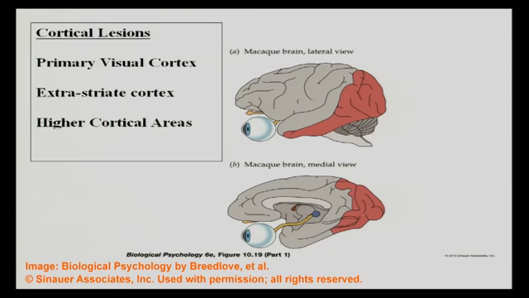You might be able to move to some part of the visual world, but you can't be aware of anything. But in particular areas of the extrastriate cortex, if you lose their visual function, like the fusiform face area, then you're not well able to recognize objects.